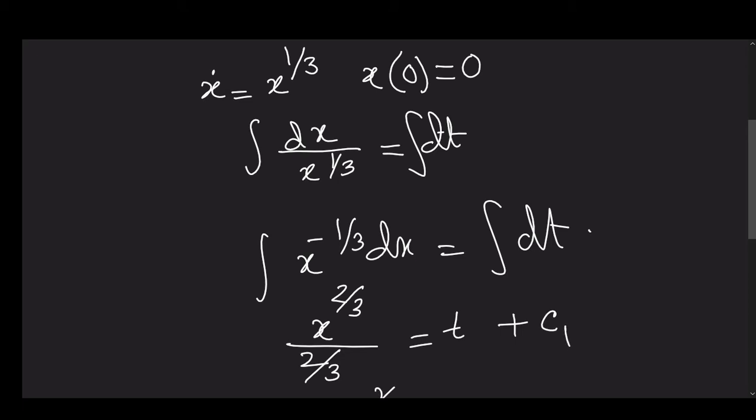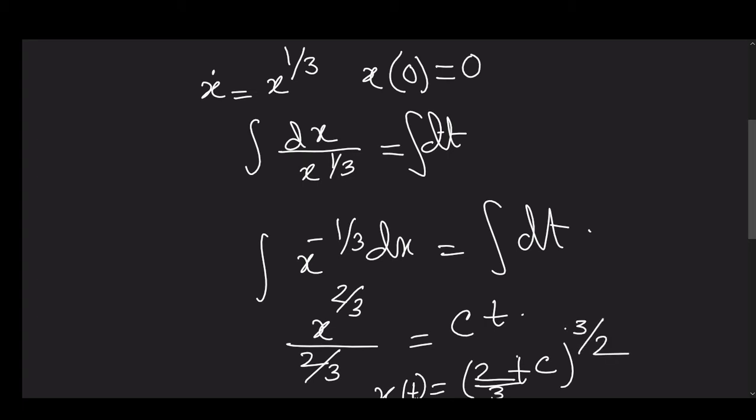So if you further manipulate, you will get x of t is equal to (2/3 t + c)^(3/2).